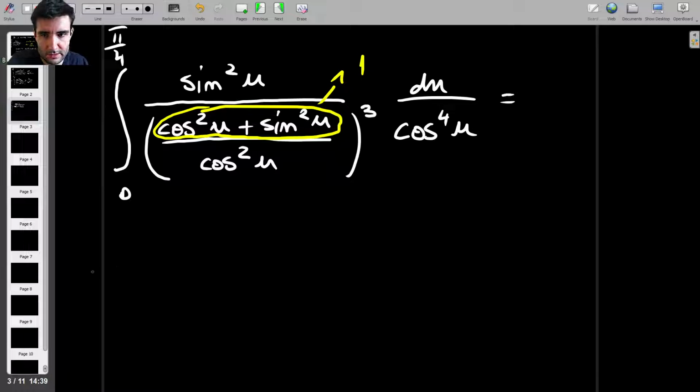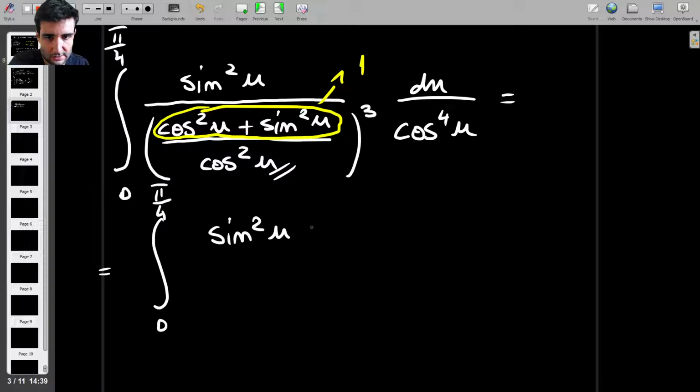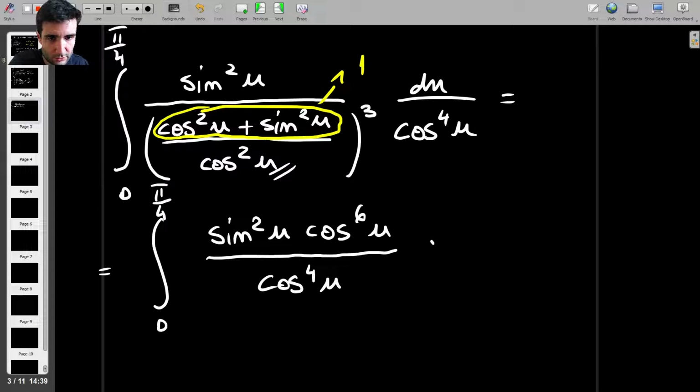So the integral then becomes the integral from 0 to pi over 4 of sine squared u. I'll bring this on top, and this becomes cosine to the power 6 u over cosine to the power 4 u du. So I just raised this to the power 3 and wrote this as the denominator.